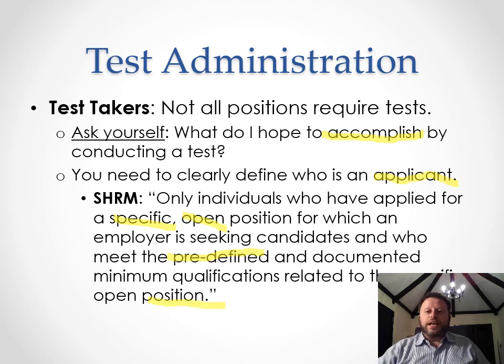So if the position says you need a master's in computer science, and I apply and I don't have that, I have a JD, a Juris Doctor in law, well, of course they didn't give me the job, and it's not because I'm a man or because I'm white, it's because I didn't have the required qualifications. So these are the things you need to be considered an applicant, and you can't sue a company unless you are an applicant.